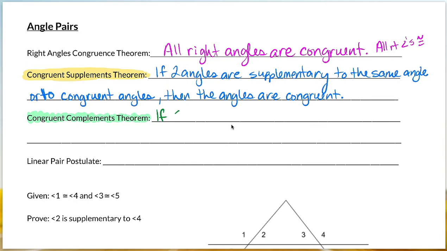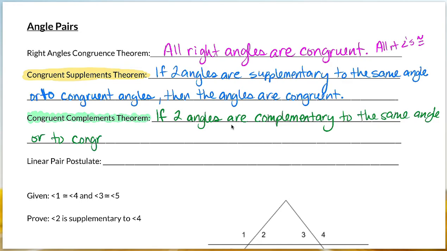So if two angles are complementary to the same angle, or two congruent angles, then they are congruent.